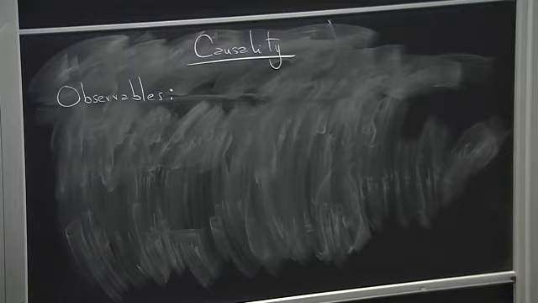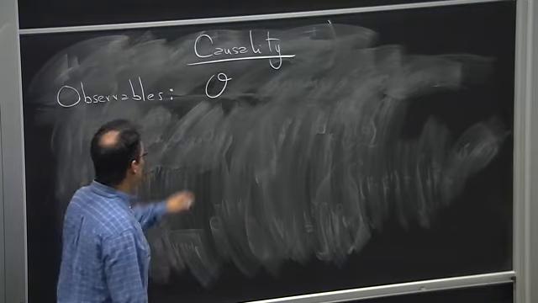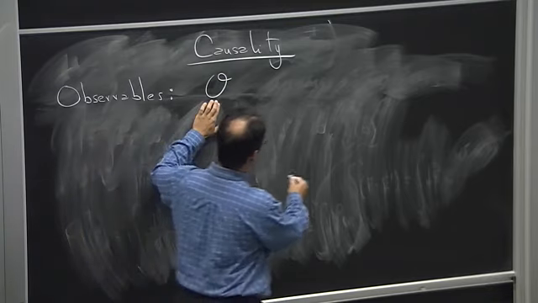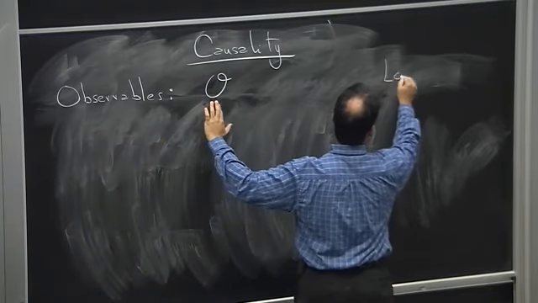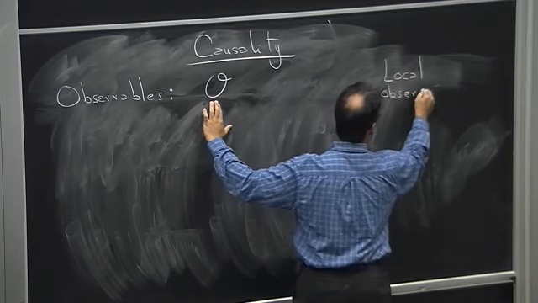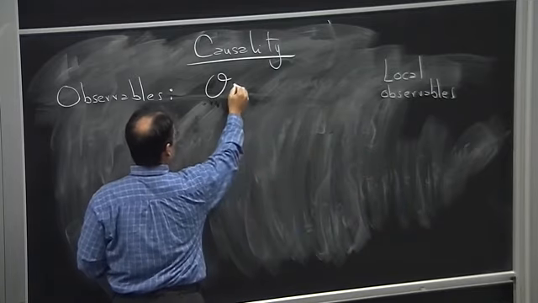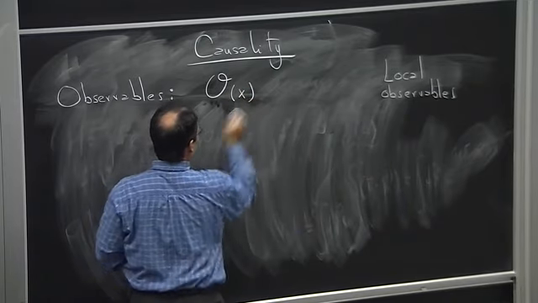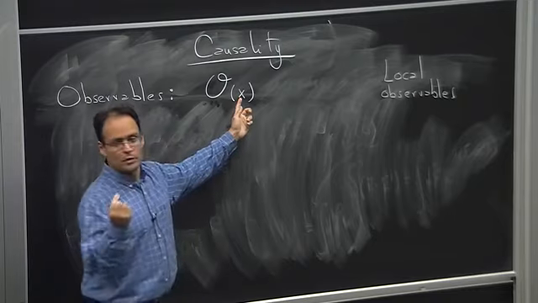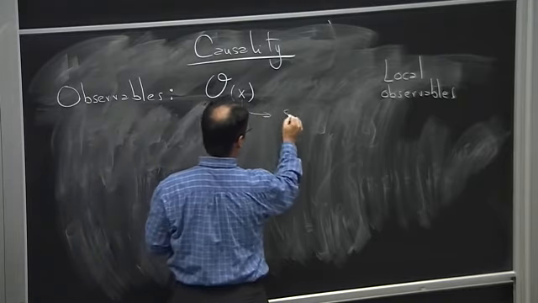So what does it mean? It means that if you have an observable O, we don't know what it is, but let's assume that we are looking for something called local observables. What we mean by that is that it's an observable that depends on a single space-time point.